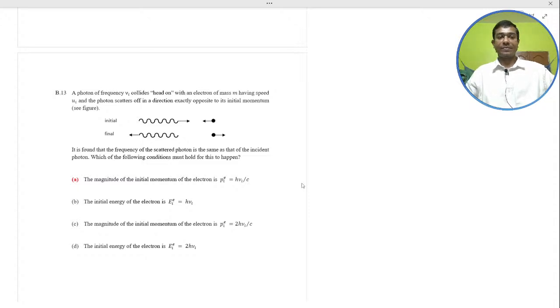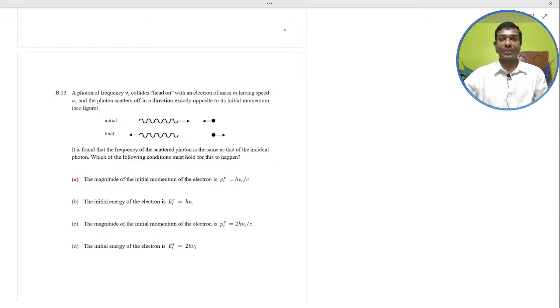It is found that the frequency of the scattered photon is the same as that of the incident photon. Which one of the following conditions must hold for this to happen? This is from the particle physics.